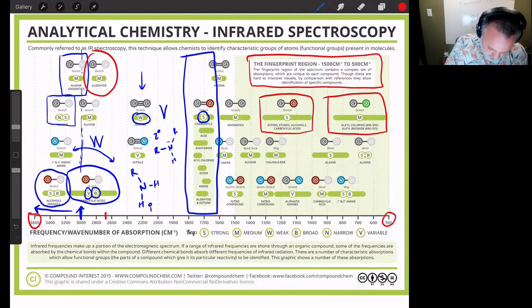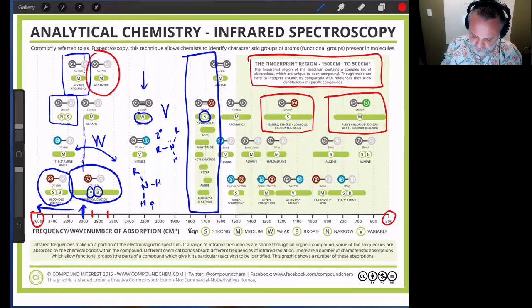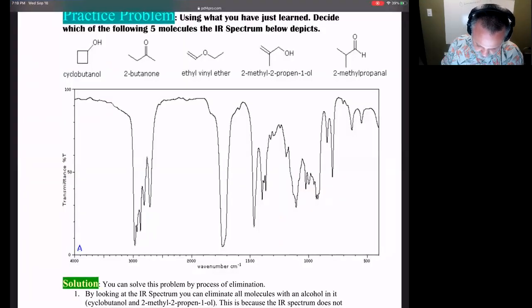Somewhere between 2675 and 2825, we should see a medium peak. Well, let's count at the bottom. There's 2000, 21, 22, 23, 24, 25, 26, and look at that.